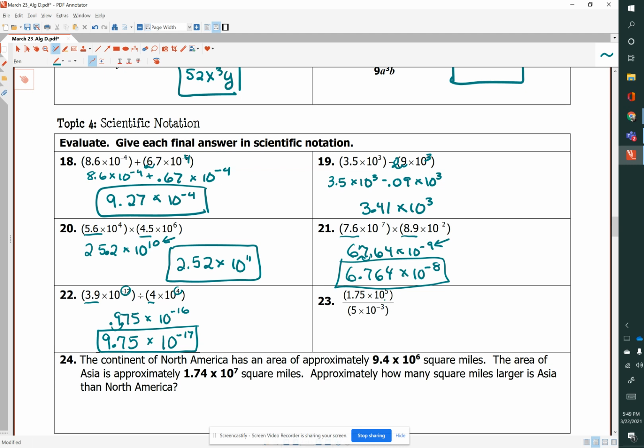And we have one more division problem. 1.75 divided by 5 is 0.35. And we have 5 minus a negative 3, which would be 10 to the 8th. We need to move the decimal point once to the right, which will make our exponent smaller. So it would be 3.5 times 10 to the 7th.